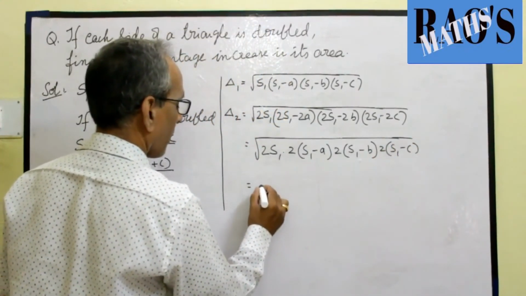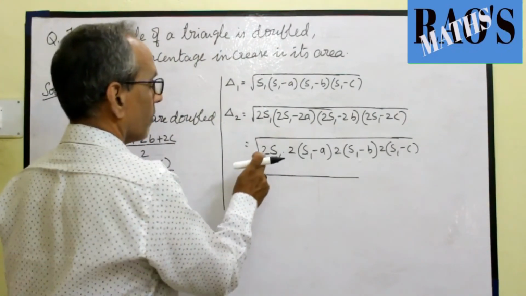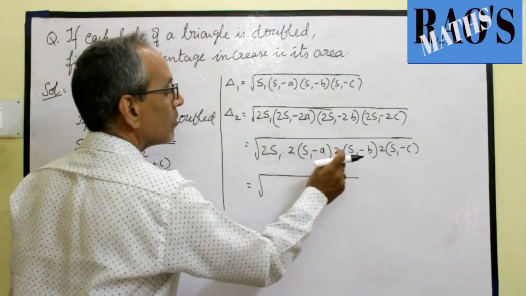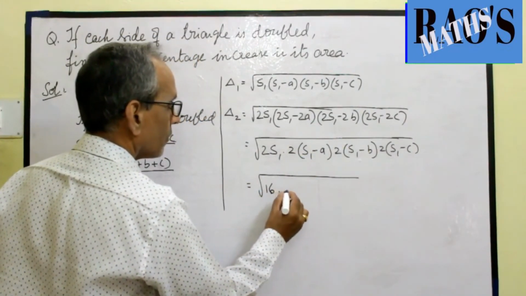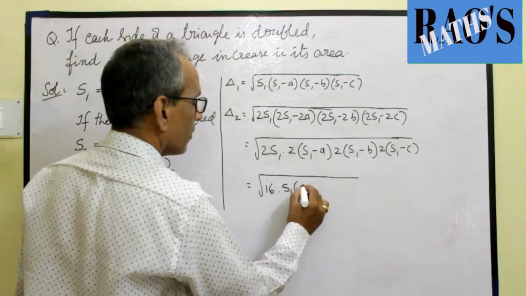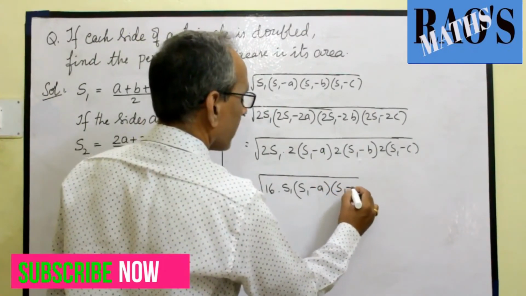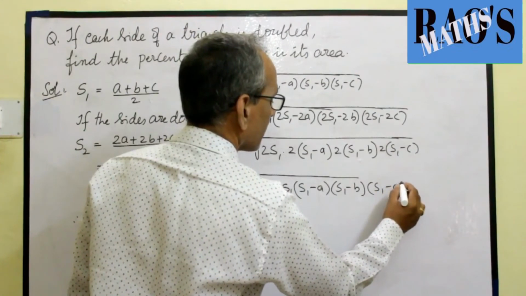The product of all the coefficients, 1, 2, 3, 4: that is 2 into 2 into 2 into 2, that is 16. 16 of S1 (S1 minus A)(S1 minus B)(S1 minus C).